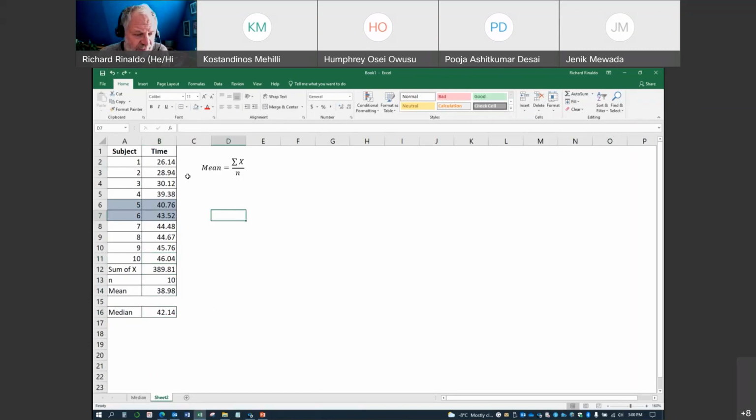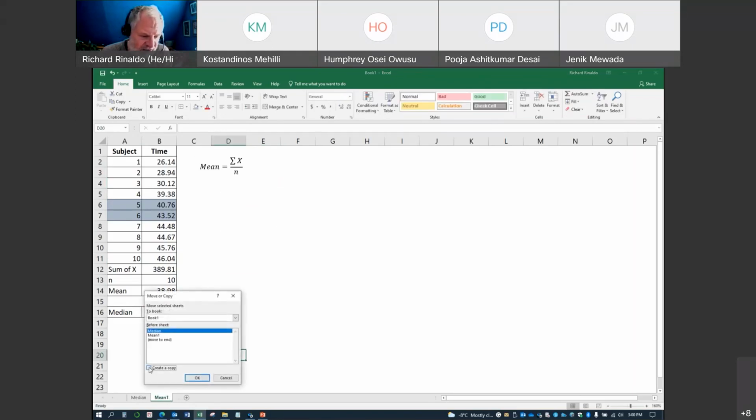Okay, and you'll see in the example that I talk about how you would use the median. So let's say it's house values.